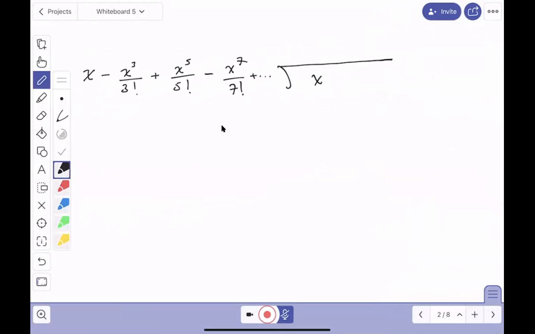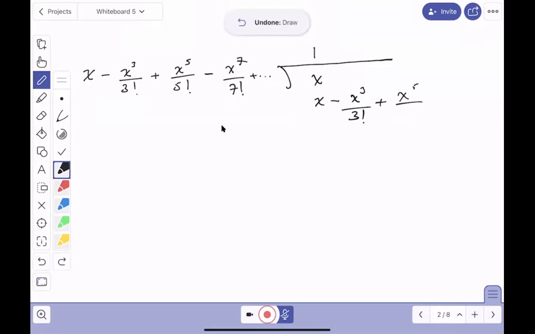Well, what times x gives you x is 1. So what do you get? x minus x cubed. Whoops, that doesn't look like an x, does it? Getting excited. Plus x^5.